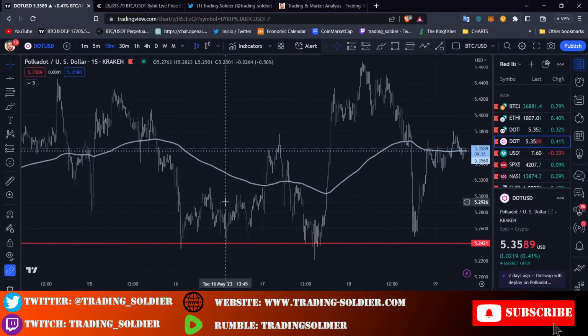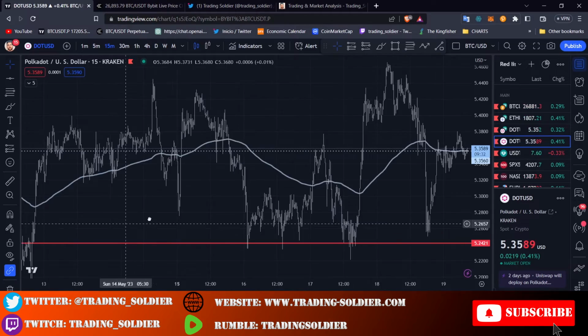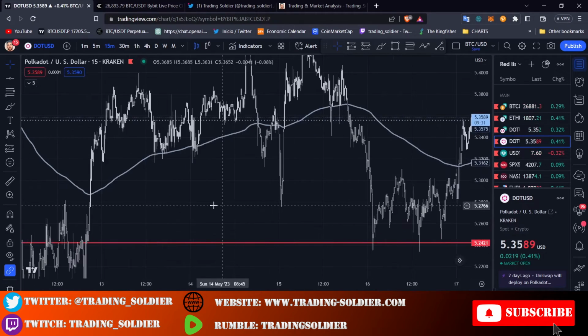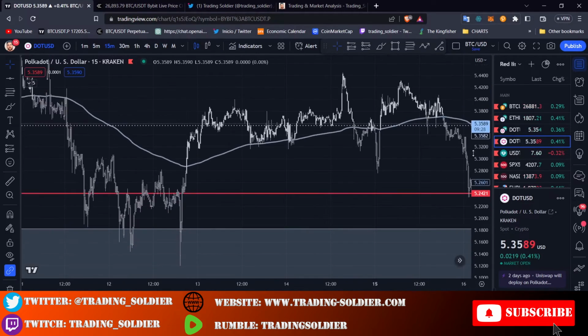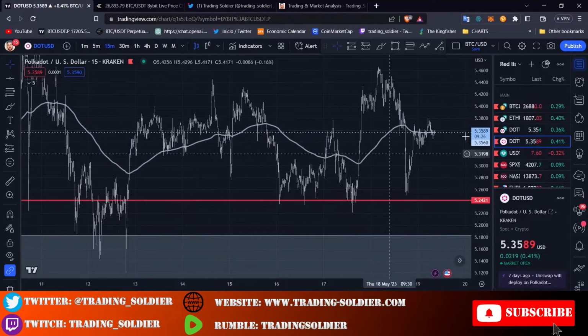So identifying the uptrend, for example, in this case where the price broke the 200 EMA, you see we started a new uptrend.